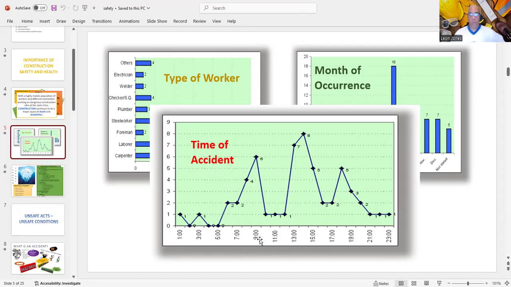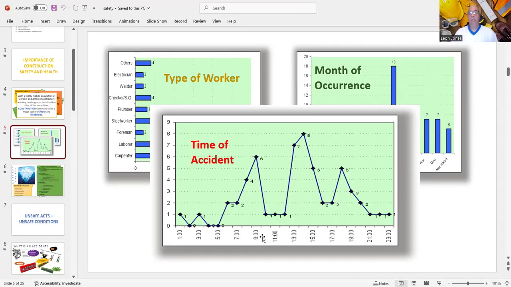But when you look at the data and the graphs, this is what determines what kind of designs engineers need to produce, because records tell a lot of things.